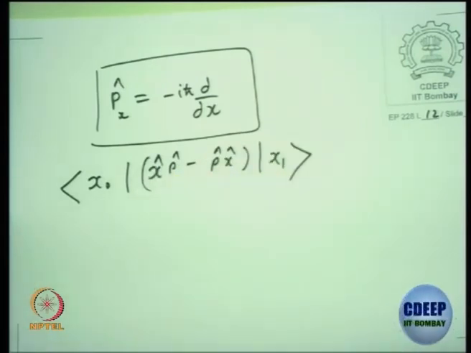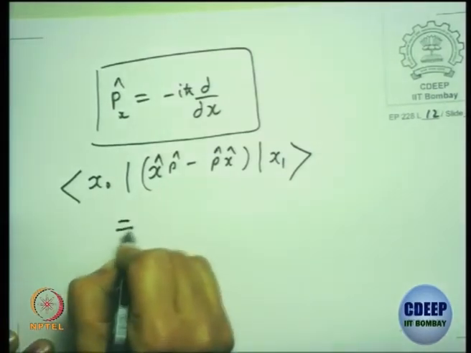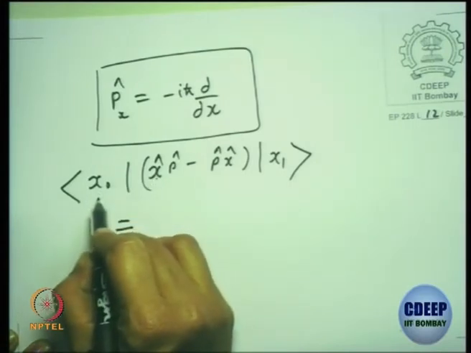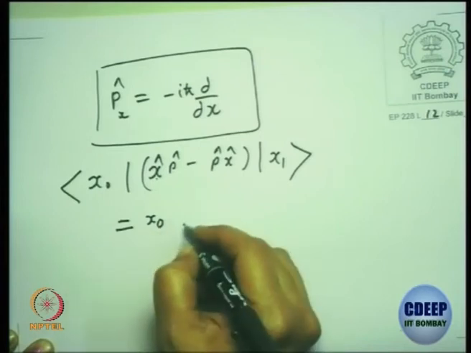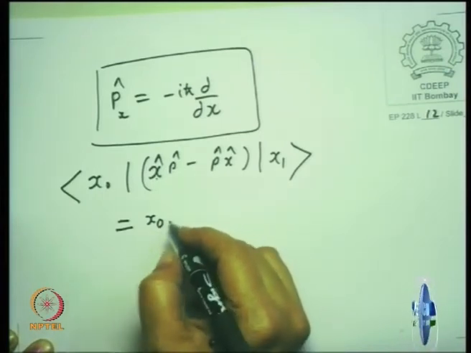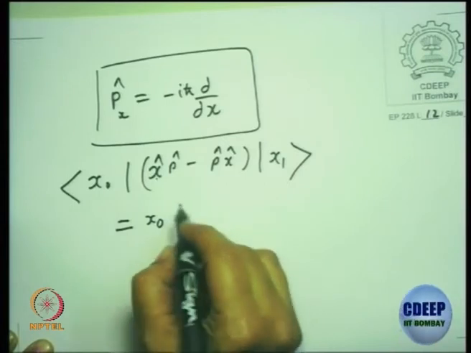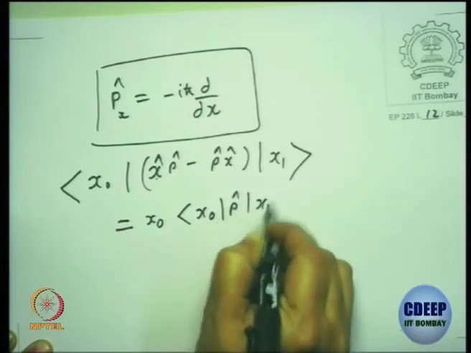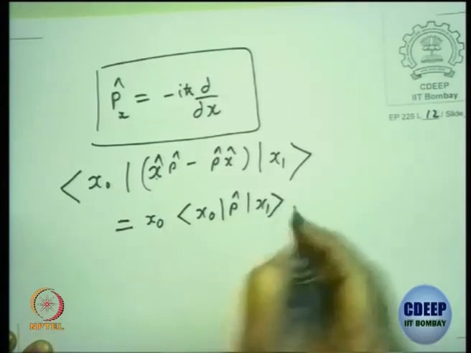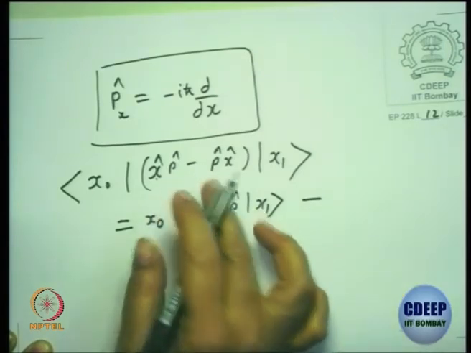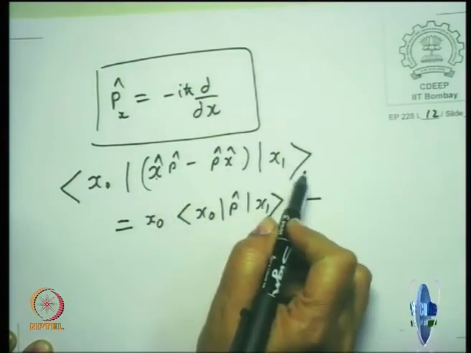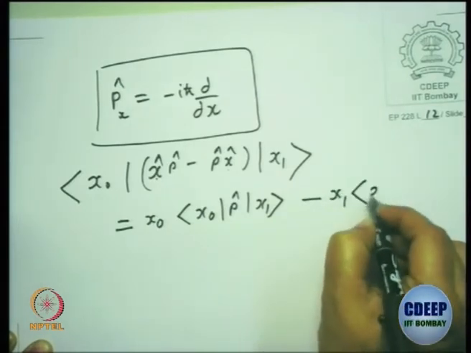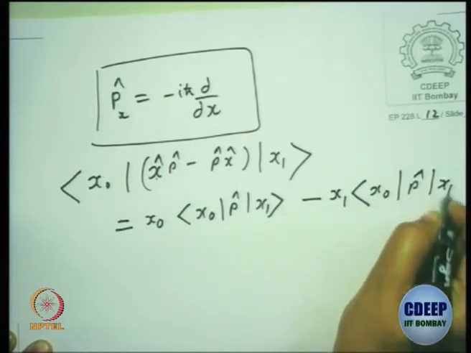What is this value going to be? x on x0 is x0, that is an eigenvalue, right, with x0 p operator x1, minus, this x with x1 will be minus x1 times x0 p operator x1.